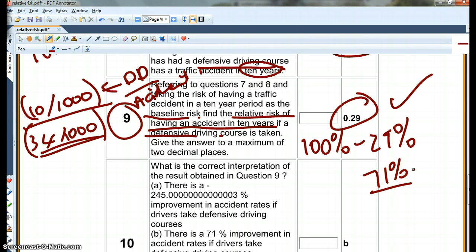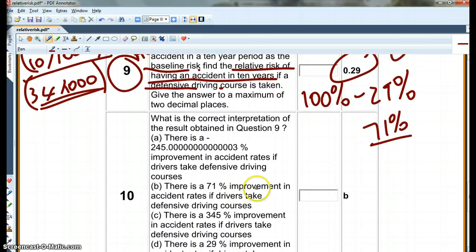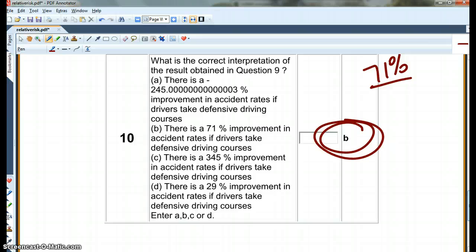So there's a 71% improvement in the accident rates if drivers take a defensive driving course. So it's B. I would have preferred that on the bottom it specifically stated they didn't take defensive driving courses. Yeah, it's a little bit confusing still. You really have to think.